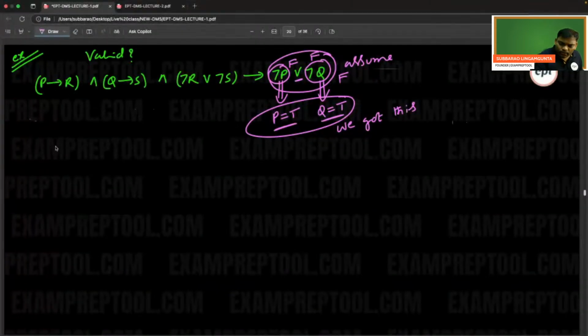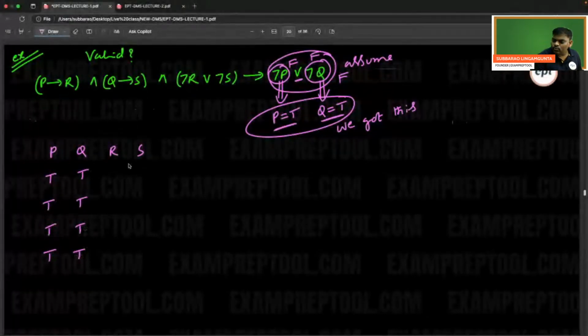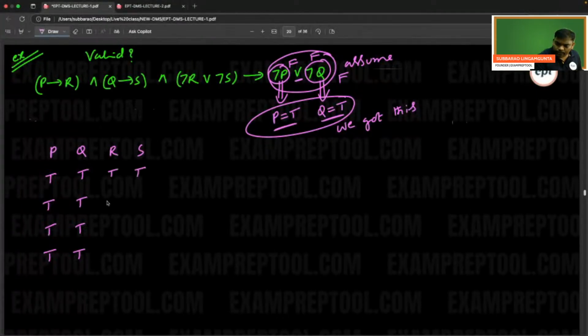Let me write now. P, Q, R, S. Remember P true, and one more, Q also true. For RS we don't know, so all the possibilities: TT, TF, FT, FF.